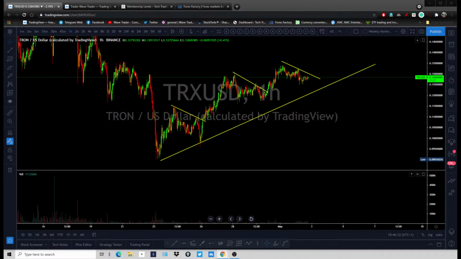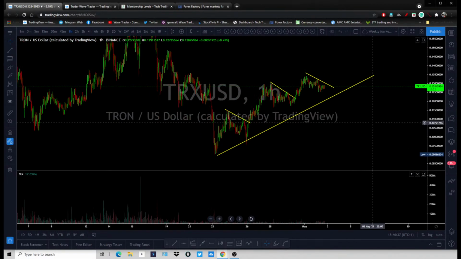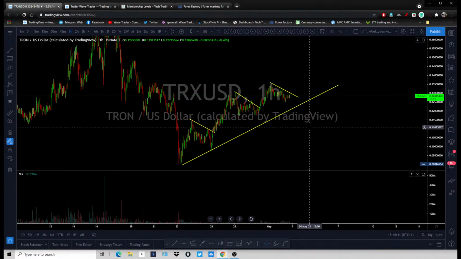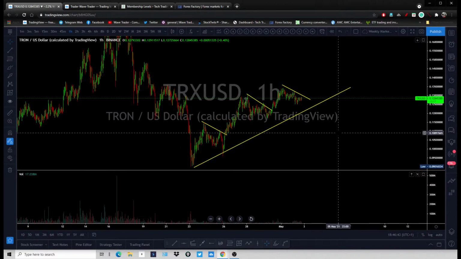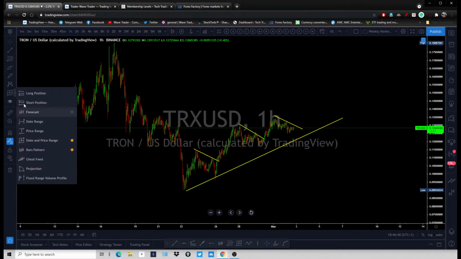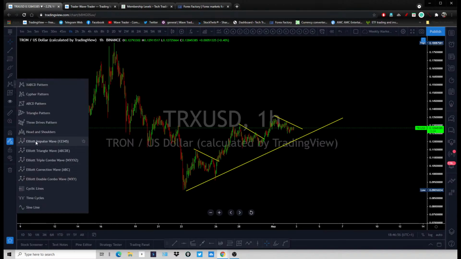We do use Elliott wave, but we don't use Elliott wave in so much detail. Elliott wave is just guesswork, guys. Whether Elliott wave or whatever strategy you are using, it's just guesswork. You are just simply assuming that this is going to happen.